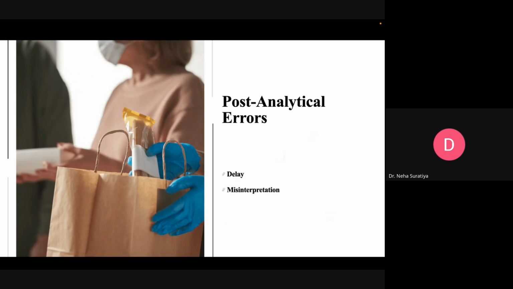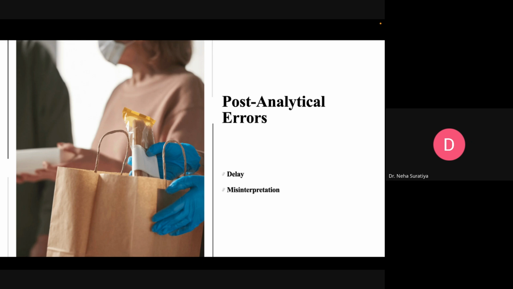So post-analytical errors include what? Delayed reporting, a very common error. Then transcription mistakes, a very common mistake while entering data into the computer system or while generating the PDF. These errors are very common. Also very common is the failure to recognize the clinical importance of a result. So this is a post analytical error.